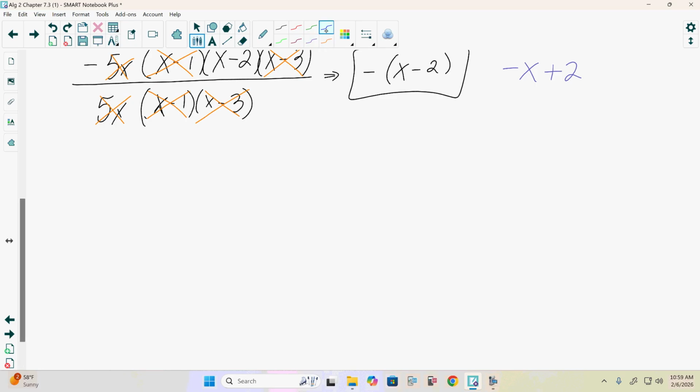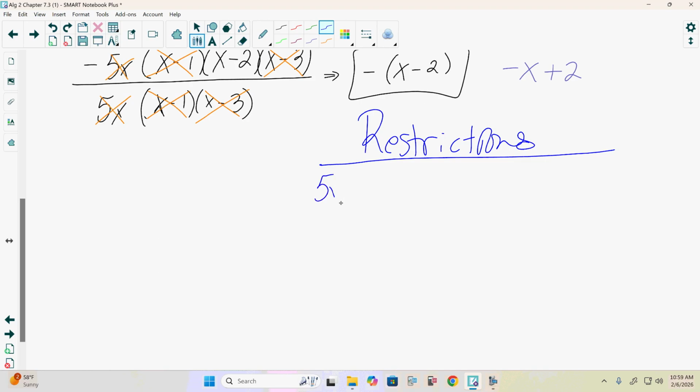And since we're here, we'll go on and look at the restrictions. Well, the 3 places where x can be 0 are at 5x, x minus 1, and x minus 3. With 5x, again, we can solve this in one of two ways.